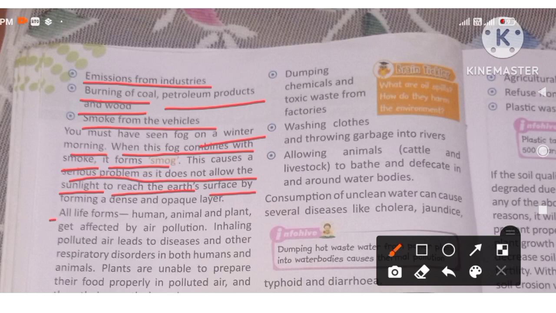All life forms, human, animal and plant, get affected by air pollution.